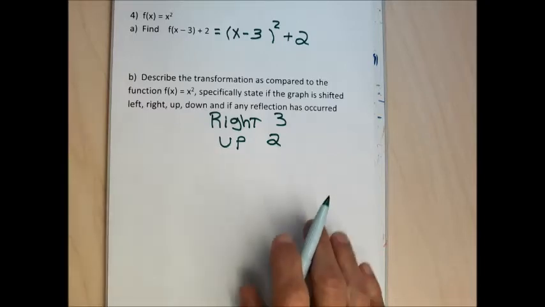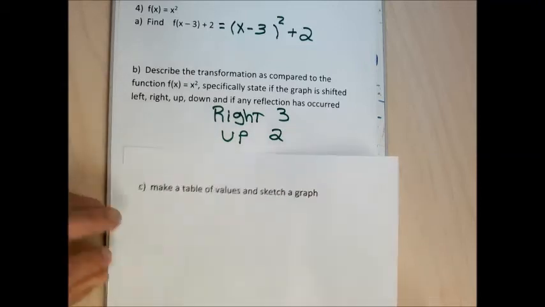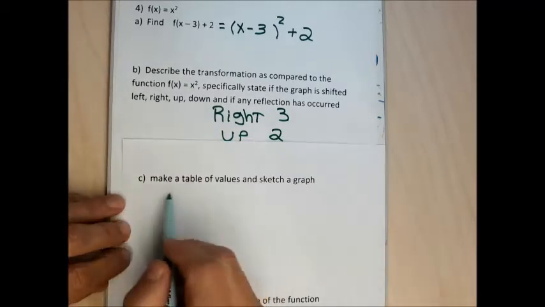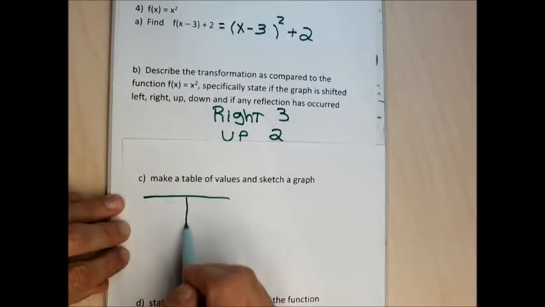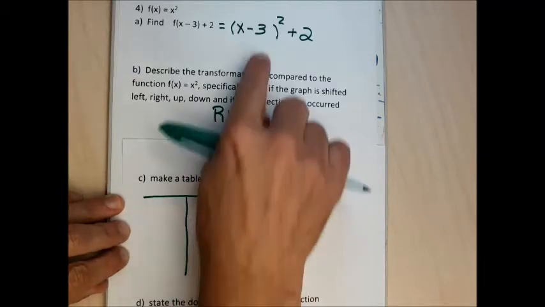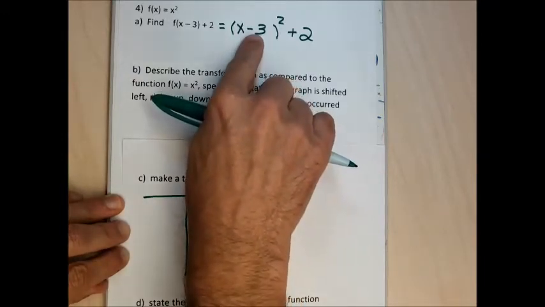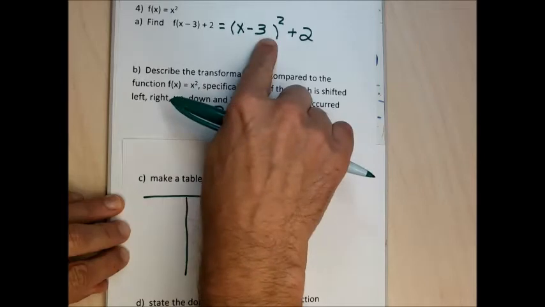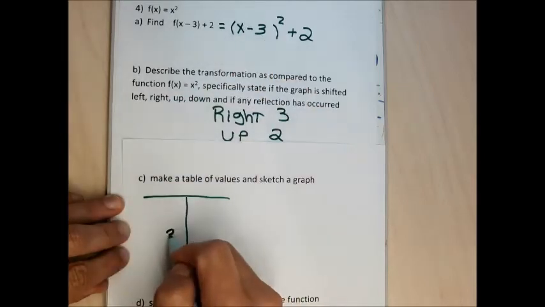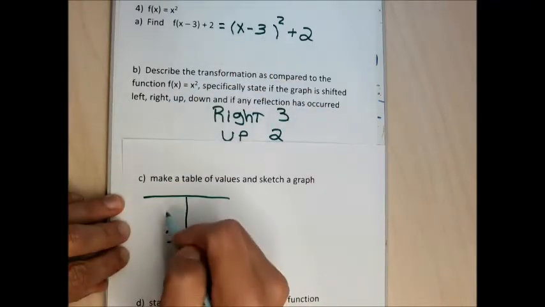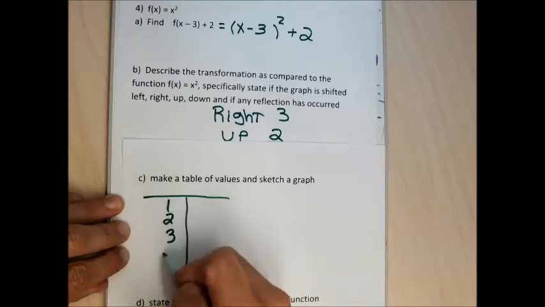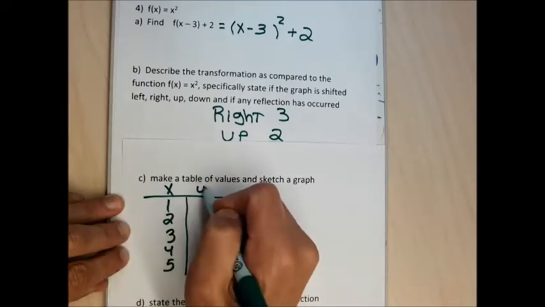Done with part B, moving on to part C, I'm going to make a table of values and sketch a graph. Immediately, what I'm going to do is take the number that makes the parentheses 0 and plug that in the middle of my x column, and put a couple smaller numbers and a couple bigger numbers in that column of x's.